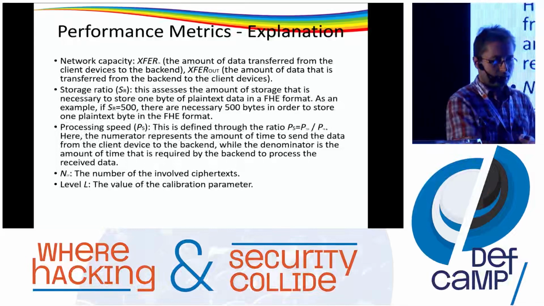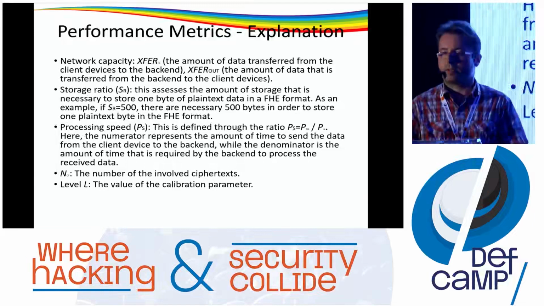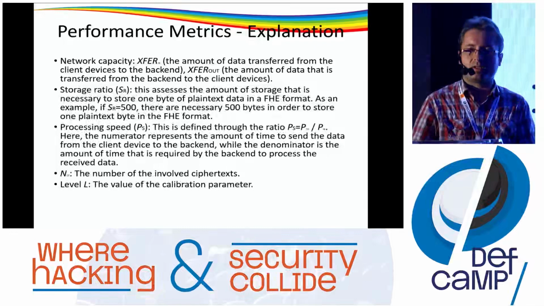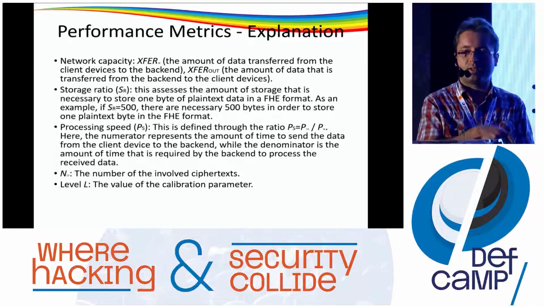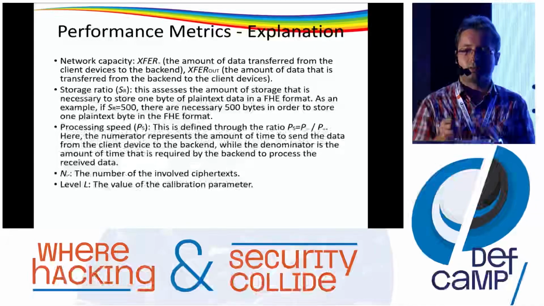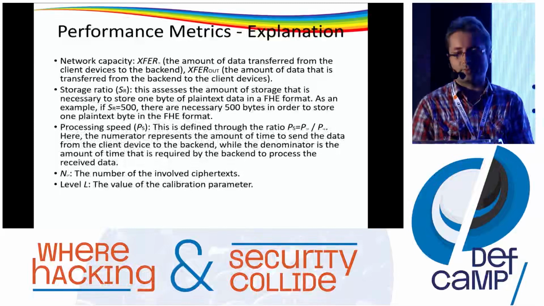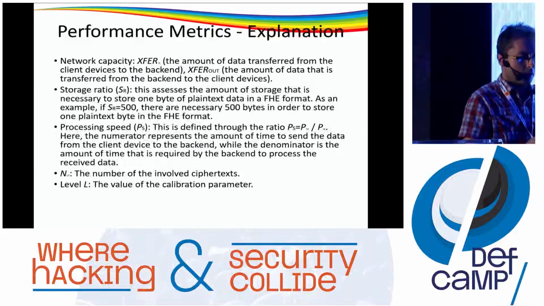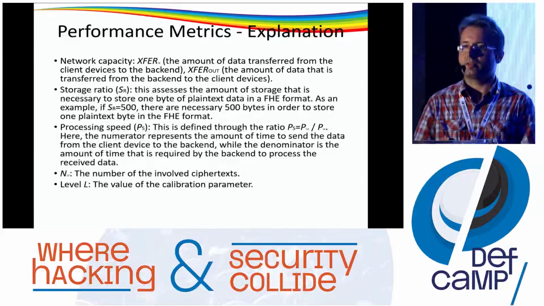Then we have processing speed, which takes into account the amount of time that is required for the data to circulate from the client devices to the backend, and also the time that is being used for the data processing at the backend. NCT is the number of the ciphertext.